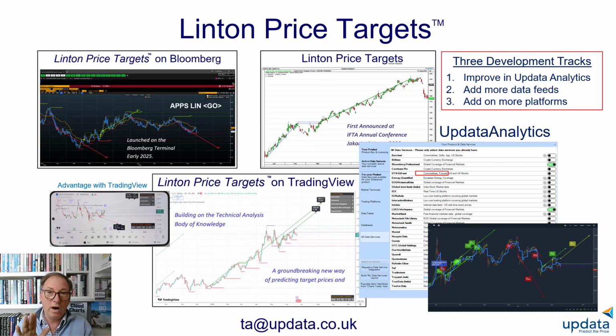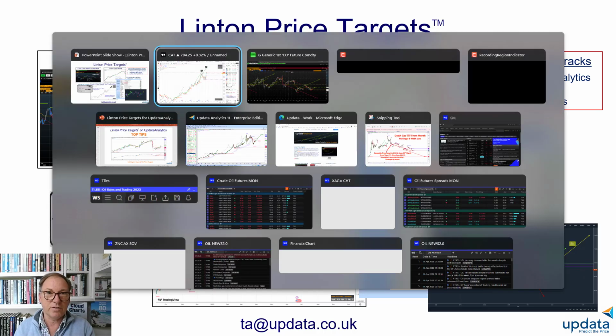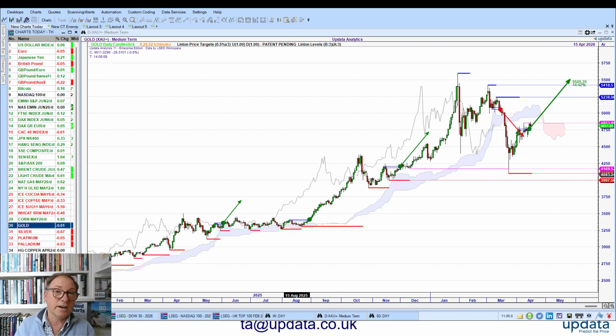And so one of the key things about using the targets is that they're most flexible in the Updata Analytics environment, and that's the platform that I use, obviously. And this is where the targets were first developed and are being continued to be developed, with those other platforms catching up.